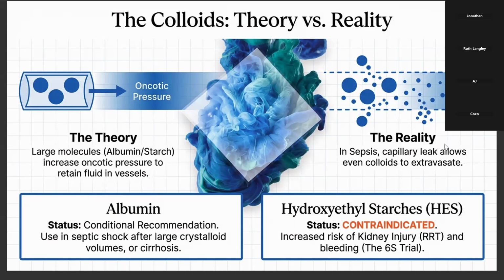Because you've got a big supply of large molecules, the concentration of those molecules is higher in the circulation than it is in the interstitial spaces. Homeostasis doesn't like higher concentrations of anything. It tries to equalize them all the time.